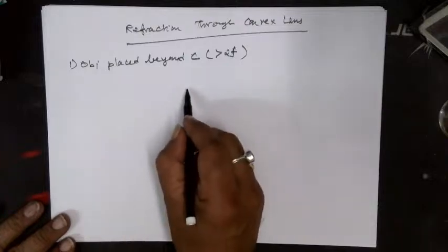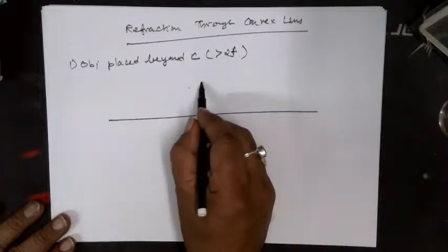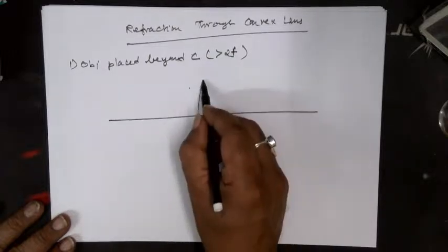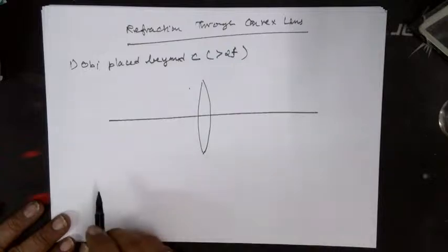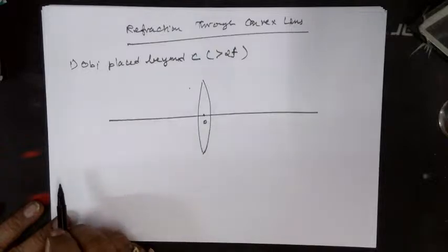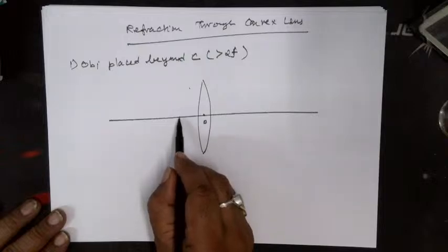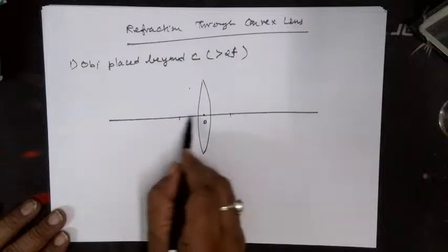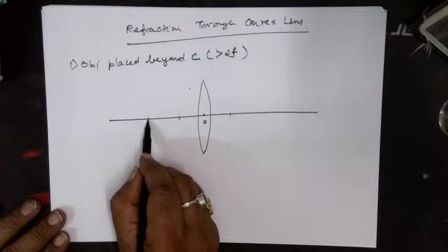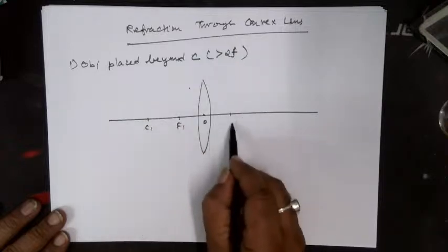Now let us draw the principal axis, and this is the lens and the optical center. Let me say this is f1, f2, twice the f1, that is C1, twice the f2, that is C2.